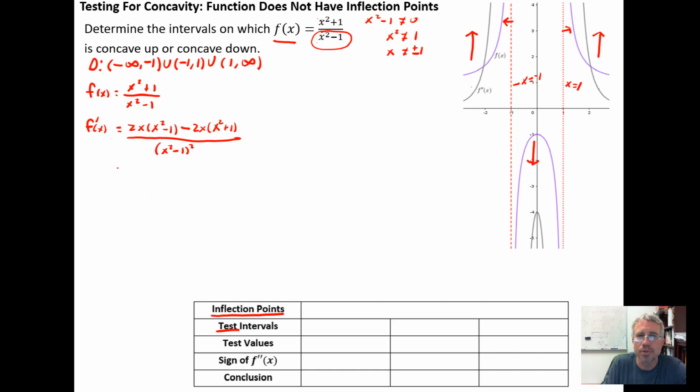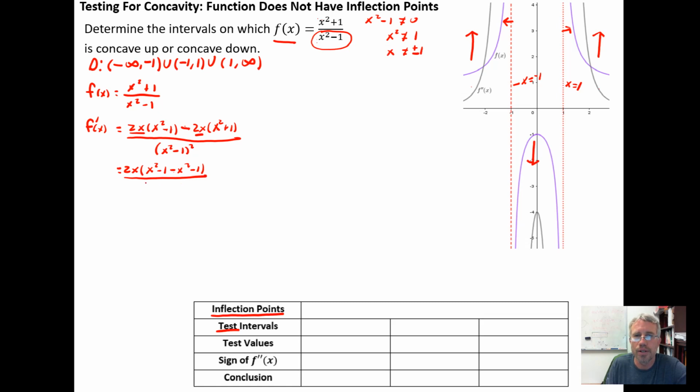And then we want to simplify as much as we can. I want to notice that 2x shows up in both terms, so I want to factor a 2x off, which will leave behind (x squared minus 1) minus (x squared plus 1). By distribution, minus plus 1 is minus 1. So x squared minus x squared is 0, and minus 1 minus 1 is minus 2.